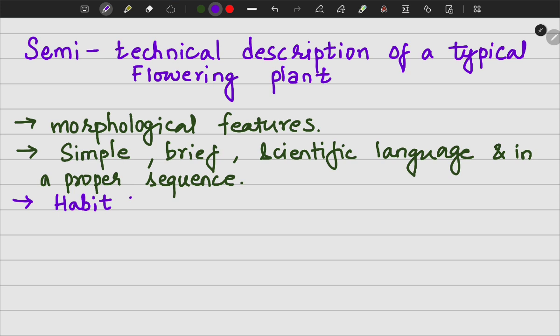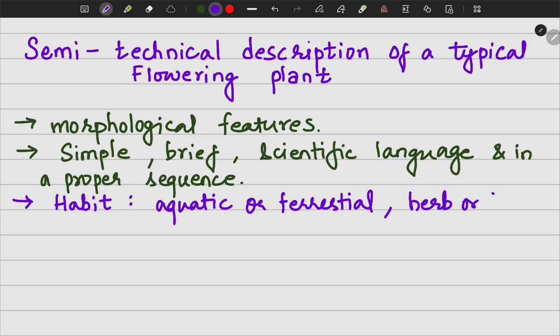It means what kind of plant is it, where it grows, what is the height of the plant, so whether the plant is aquatic or terrestrial, whether it grows on water or on land, whether the plant is a herb or a shrub or a tree.